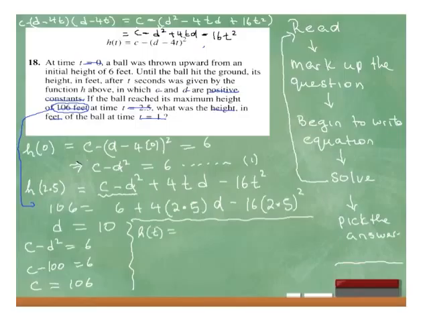Height at time t is equal to C minus (D minus 4t) squared, since we know what C is and we know what D is. We know 4 times, this is 4 times 1 squared, 106 minus 36, and the answer is 70.